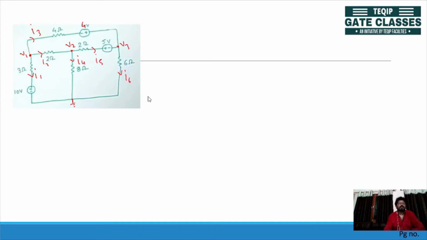Okay, and the next step is what? Apply KCL at each node. So KCL at node 1. I1, I2, I3 all are outgoing, so I1 plus I2 plus I3 is equal to 0. Next step, change this equation in terms of node voltage. I1 is this current, so you have to write current in terms of node voltage.